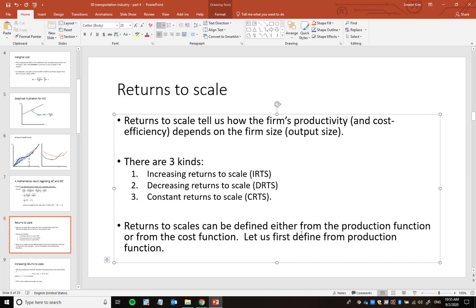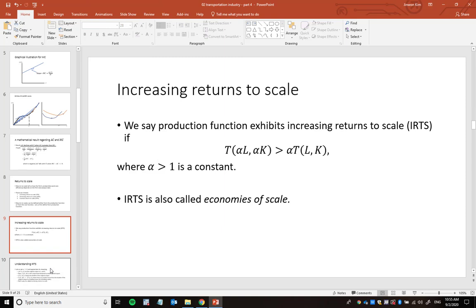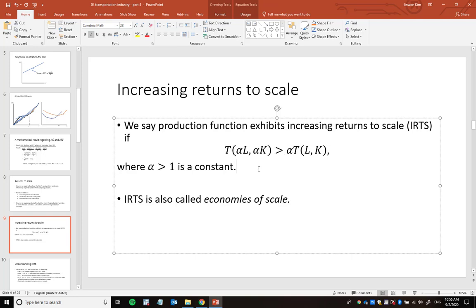But let's look at the production function to define returns to scale. We say that the firm's production function exhibits increasing returns to scale when this production function satisfies this condition. So remember, T is the output level, the output quantity that's produced by employing L units of labor input and K units of capital.